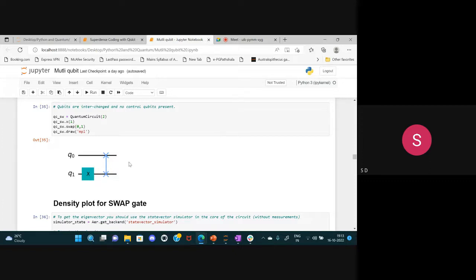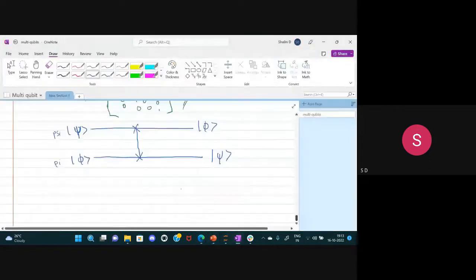So what will you have when you see Q0 and Q1? Q0 is 0 by default, and we're not applying any gate to it. For Q1 we are using the Pauli X gate to flip it, so it will become 1. So what is the output?